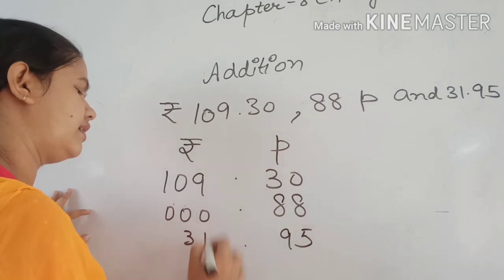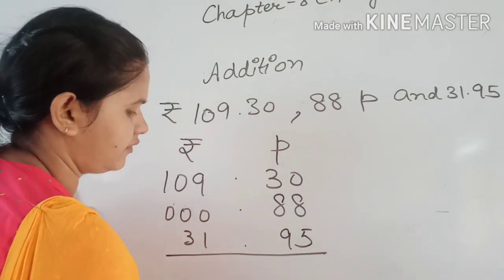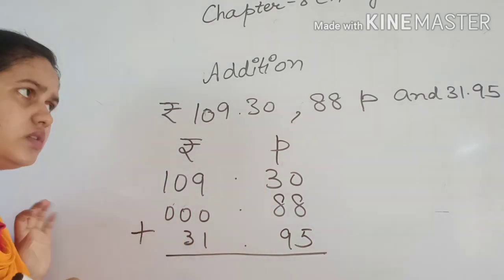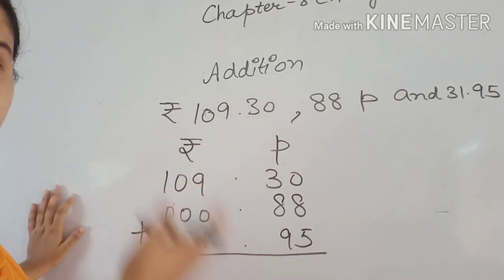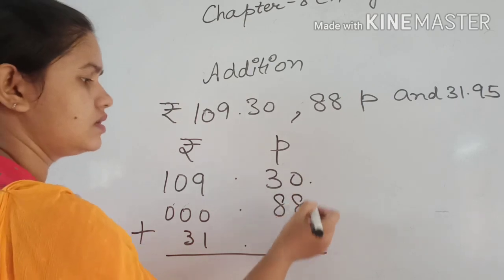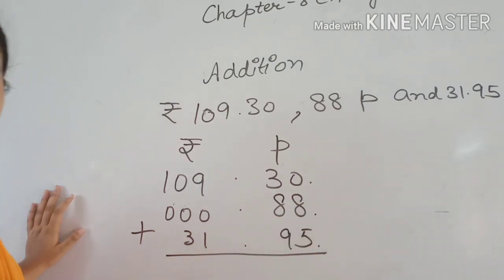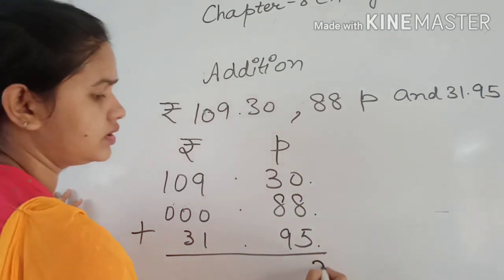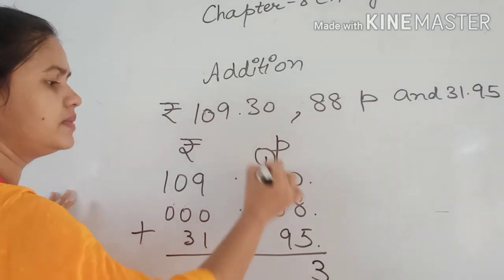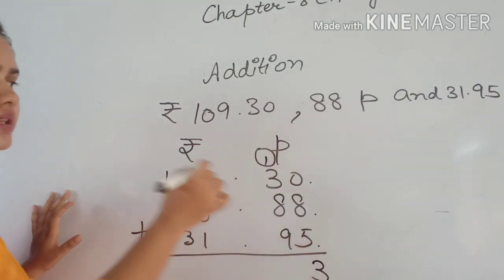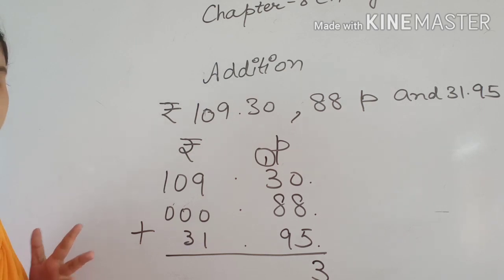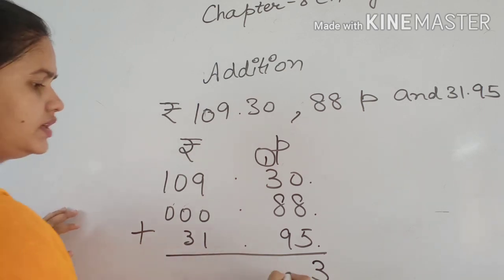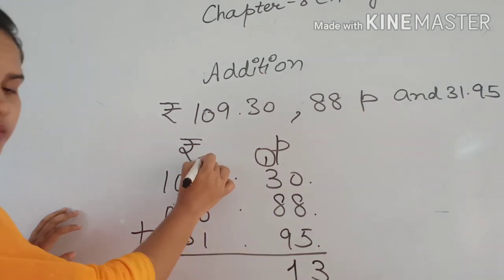So let's put the point everywhere. Now we have to do the addition. So simple. We will take the addition of the sum: 8 and 5, how much is it? 13, 1 will be here. 8 and 9 and 3, how much does it become? Let's do the addition. 21. 2 will go to here.